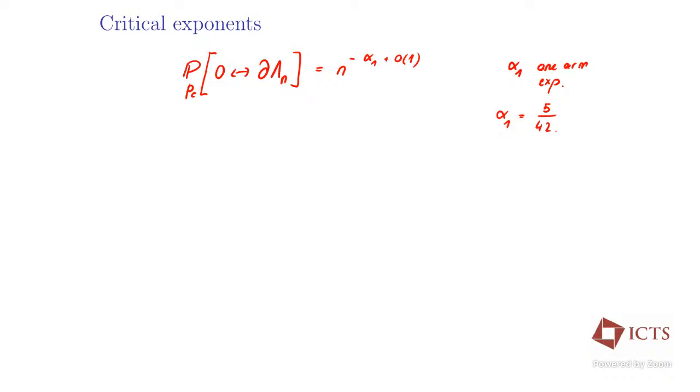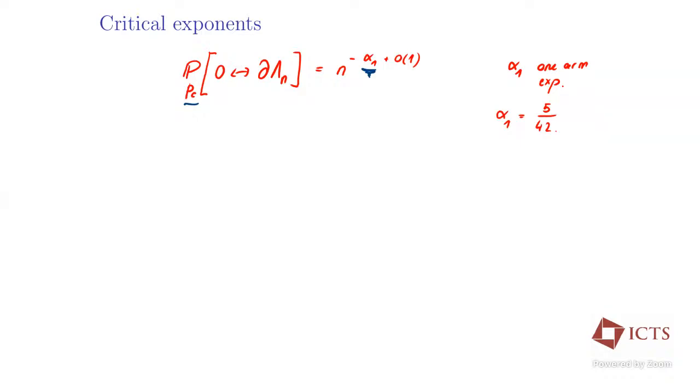And what I claim is that much more interesting than computing PC is to find out this exponent. Why is that? Because you expect these systems to have what's called universality. So you expect that if you do Bernoulli percolation on any planar graph, the PC is going to depend on the graph.